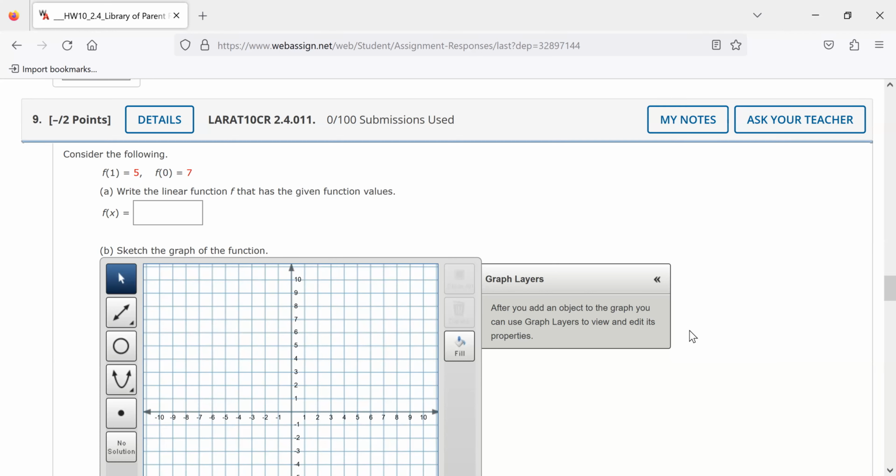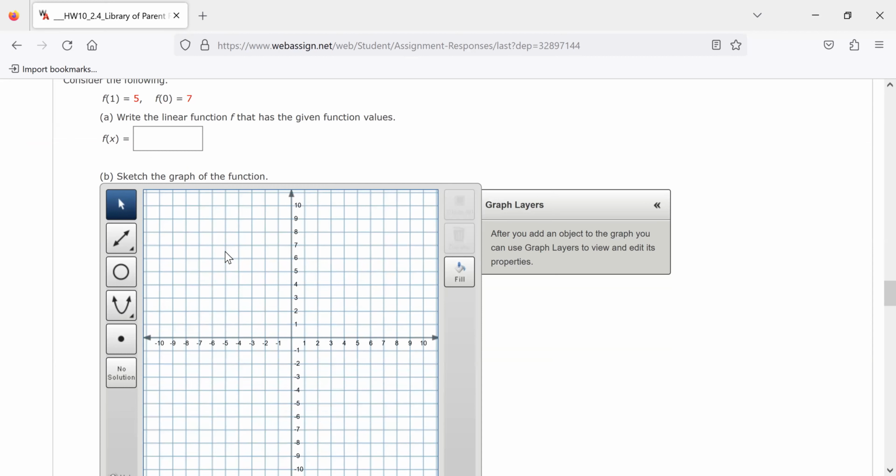Consider the following. Write the linear function that has the given values. So basically, they're giving me 2 points. Find the function that'll go through those 2 points. Do you remember from your last math class how to find the equation of a line given 2 points?